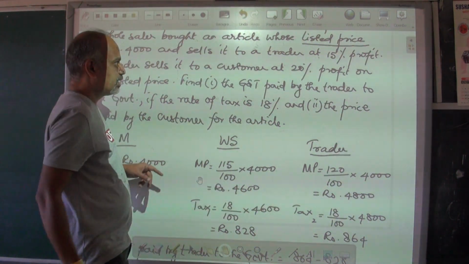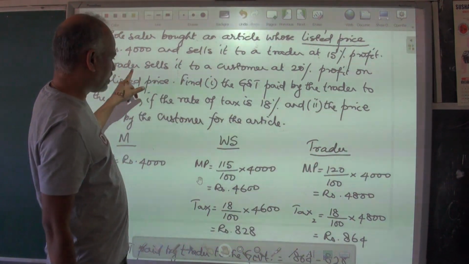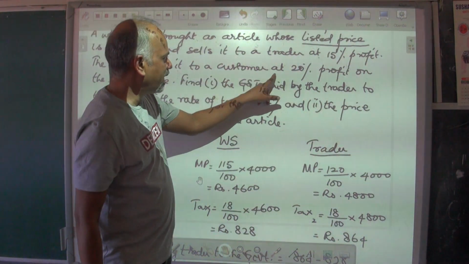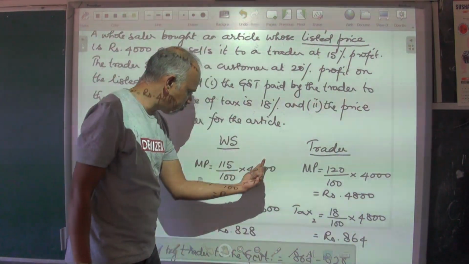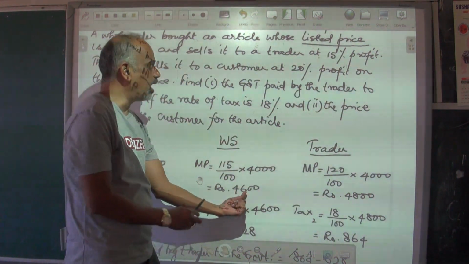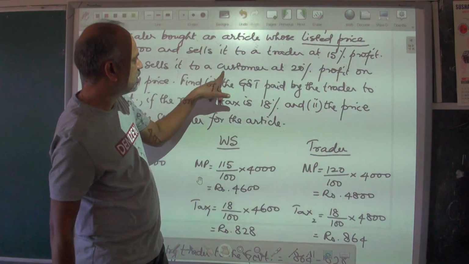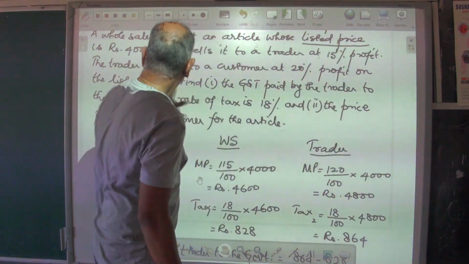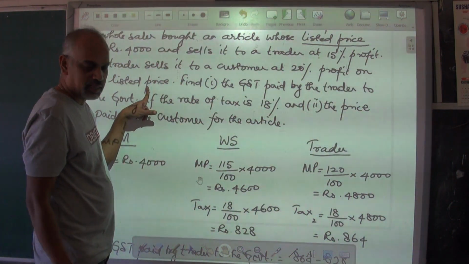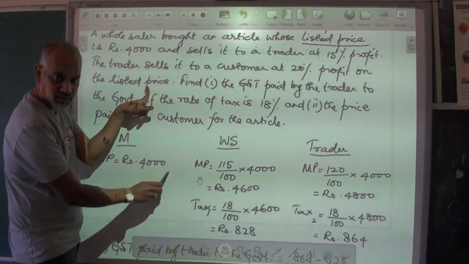Now, the trader sells it to a customer at 20% profit. The trader bought it for 4,600. Now he is going to increase the price by 20% on the listed price. The actual listed price is 4,000.